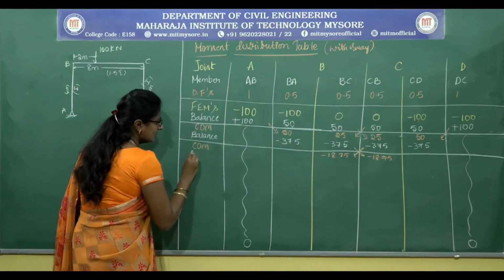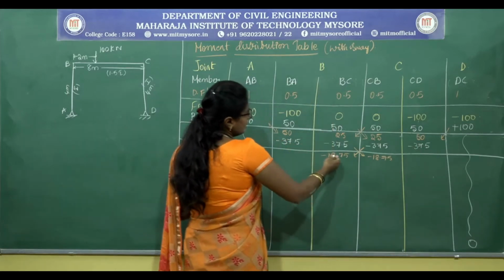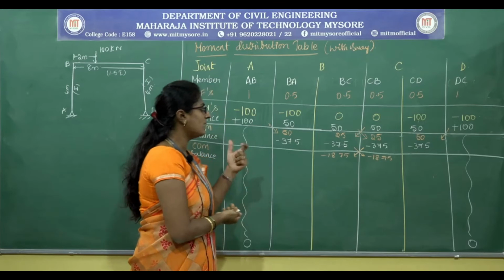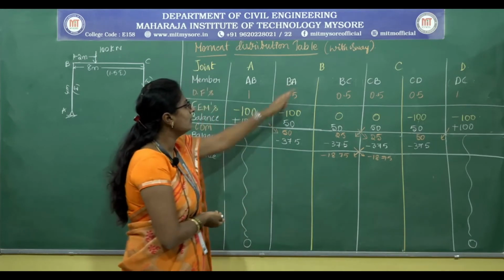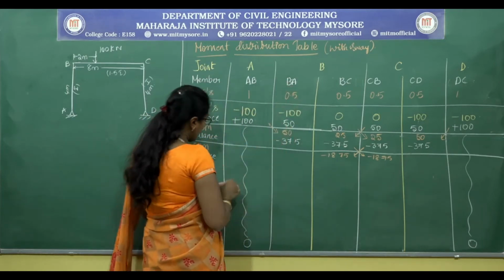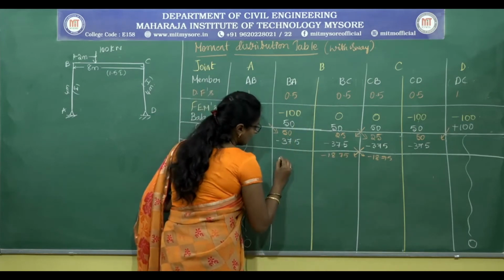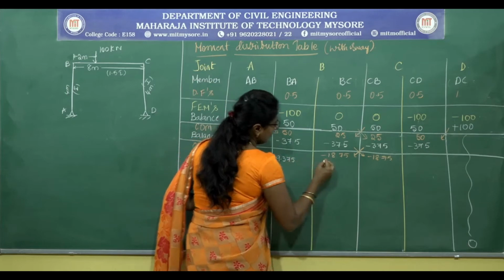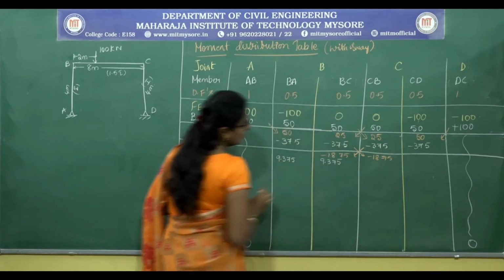Then again balancing. For joint B, minus 18.75 is the unbalanced moment. To balance this, plus 18.75. So plus 18.75 multiplied by 0.5 for the member BA will give you the balanced moment at BA, that is 9.375.